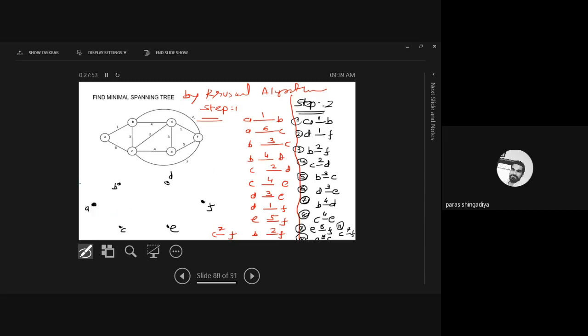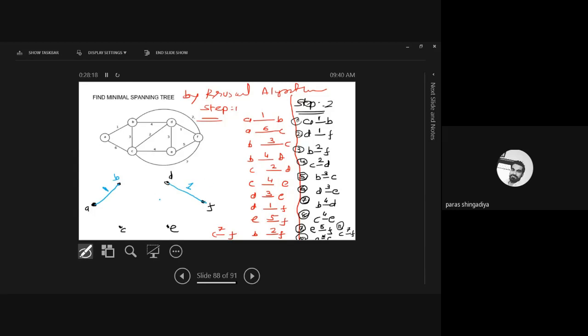First is a one weight, that is we'll consider here. Okay, it is A to B. Clear? Then our next is D and F. Okay, that is also one.